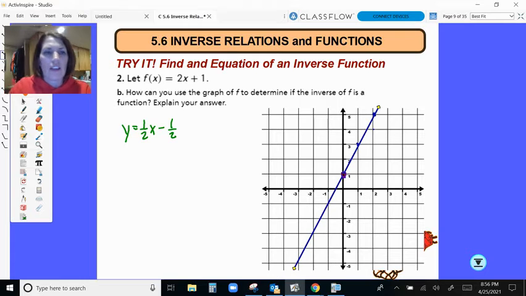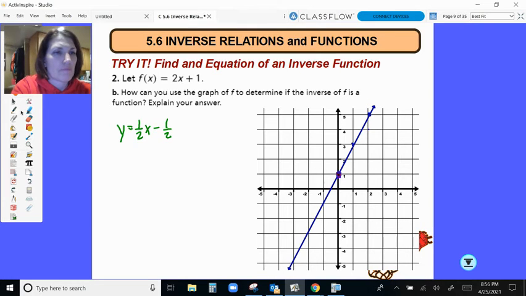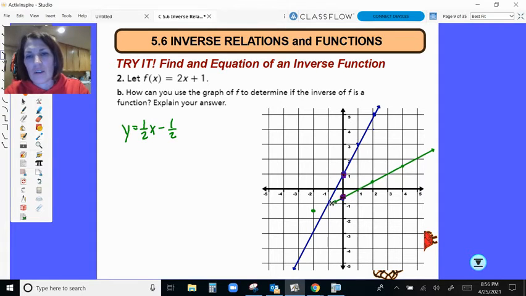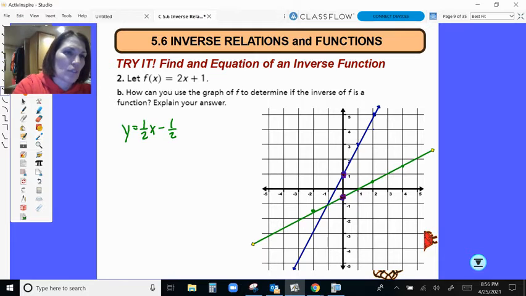Okay. And then let's graph our green graph here. We have a negative 1/2 as our y-intercept. Negative 1/2 right here. And our slope is 1 over 2. So we're going to go up 1 over 2, up 1 over 2, or down 1 over 2 this way. Okay. And we're going to go ahead and graph that guy. And the next thing we're going to do is graph the line y equals x, because we're going to see if that's a reflection here.